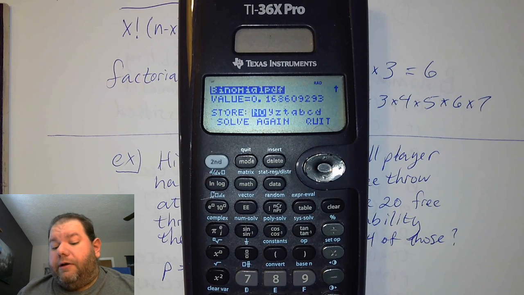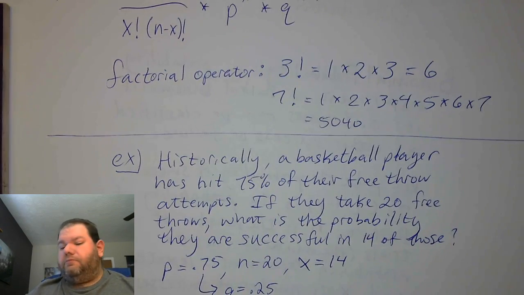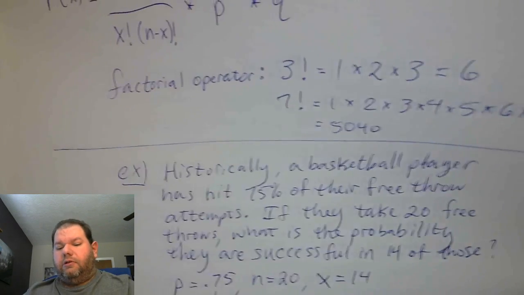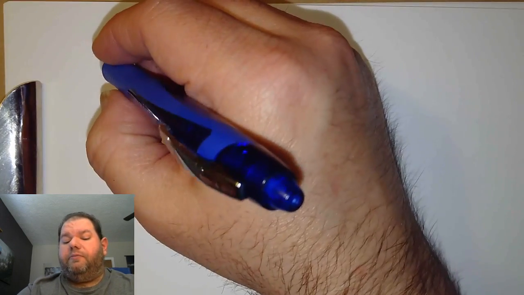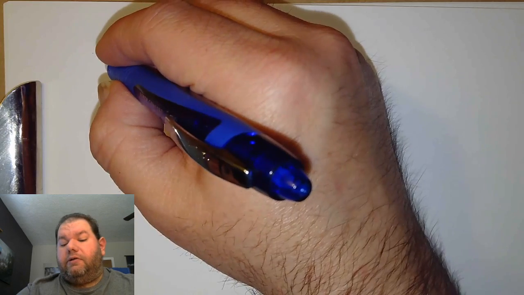So, let's look at those other scenarios I mentioned. And let's stick with our basketball player that has a 75% chance of success. Okay.